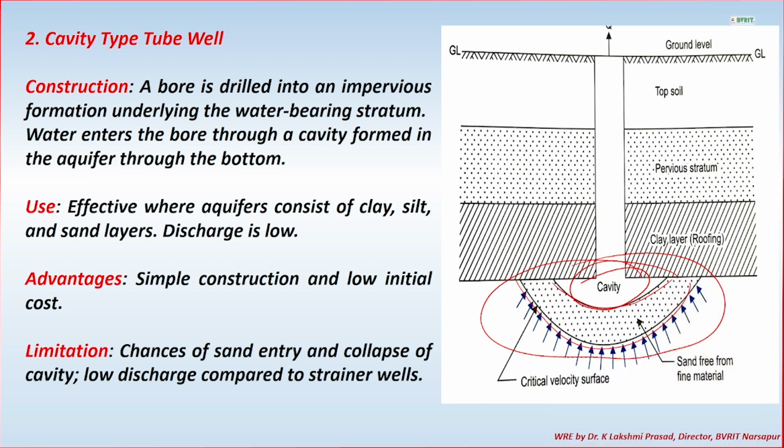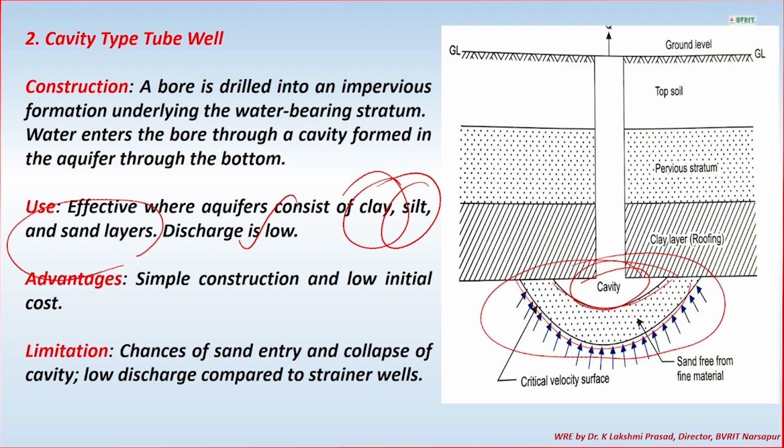This type of well is more relevant especially in clay, silt and sandy layers. These types of soils are where this well is more preferred, but the discharge is very low. It is very simple to construct: just bore into the soil, whatever the type of soil, make a hole into it, put the pipe in, and draw the water from the bottom.